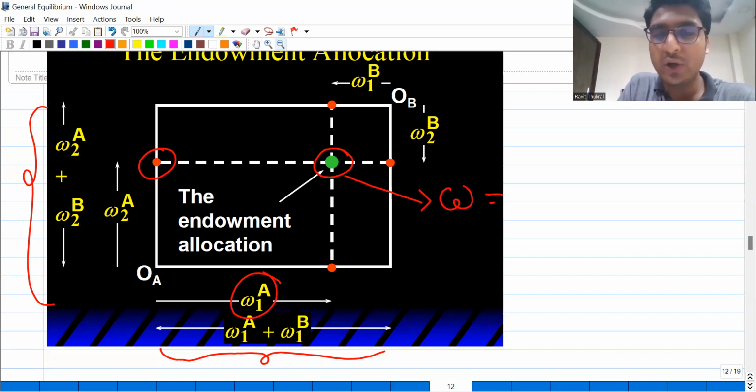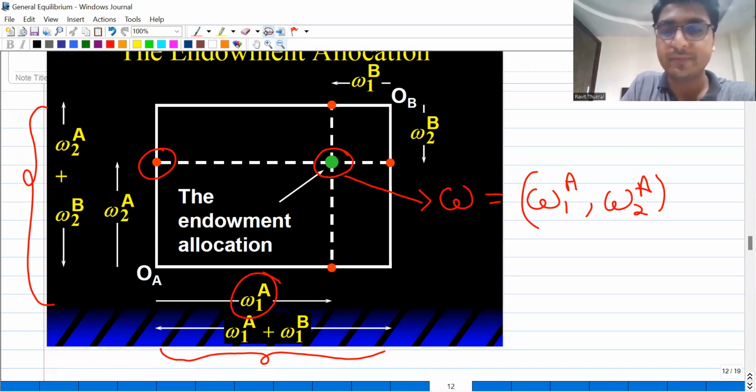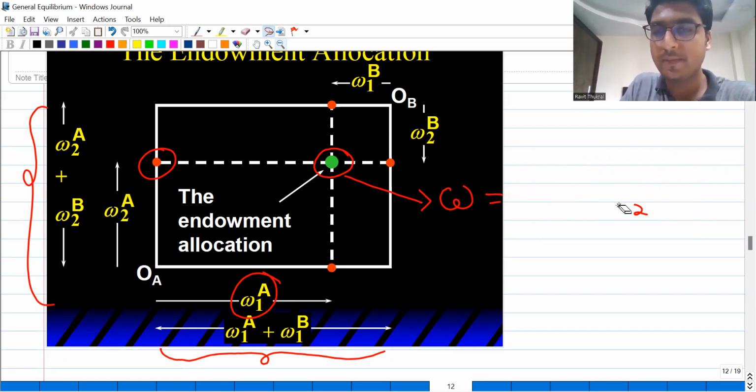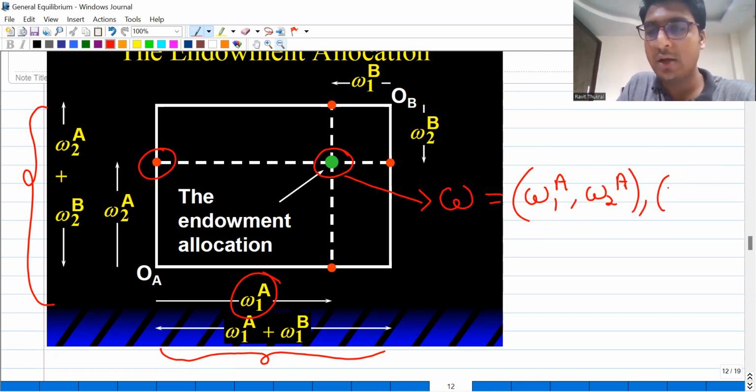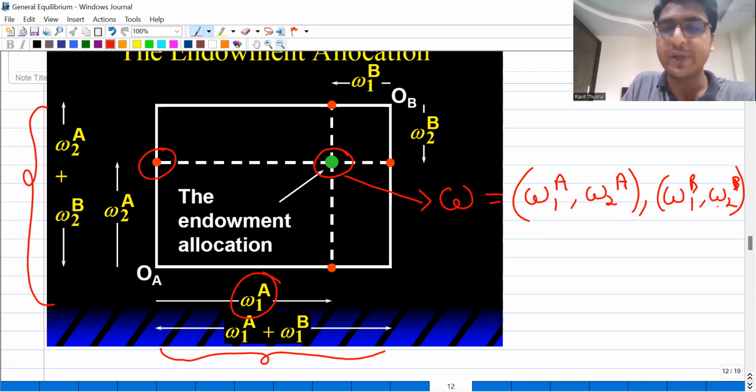Omega is equal to omega 1A, omega 2A, comma, omega 1B, omega 2B.